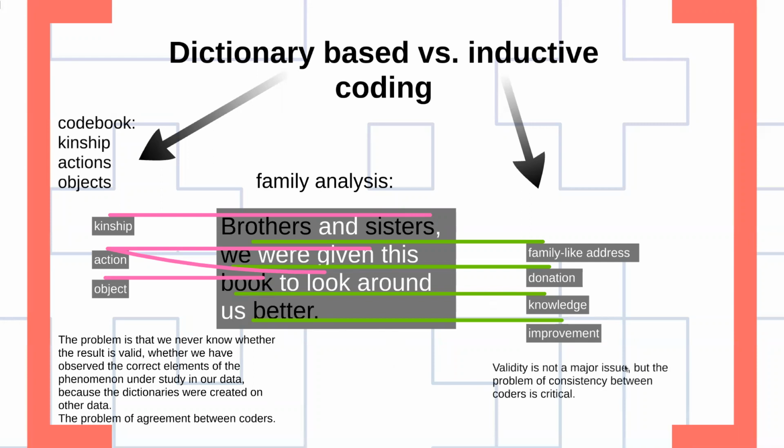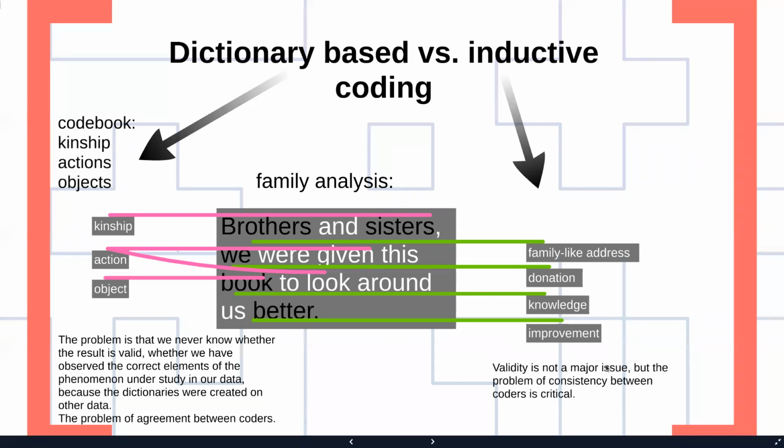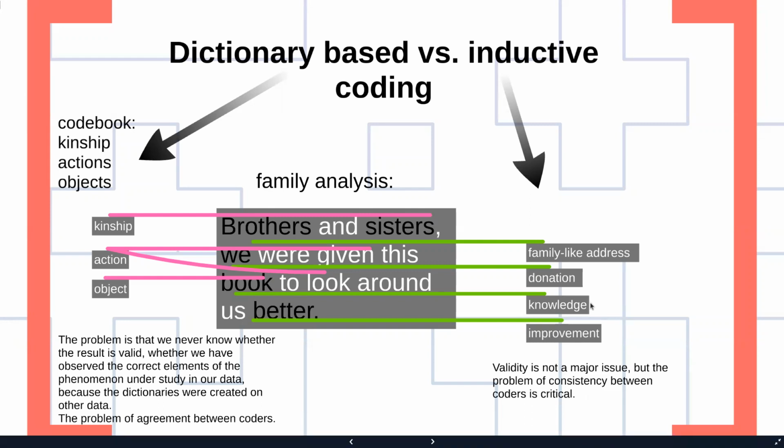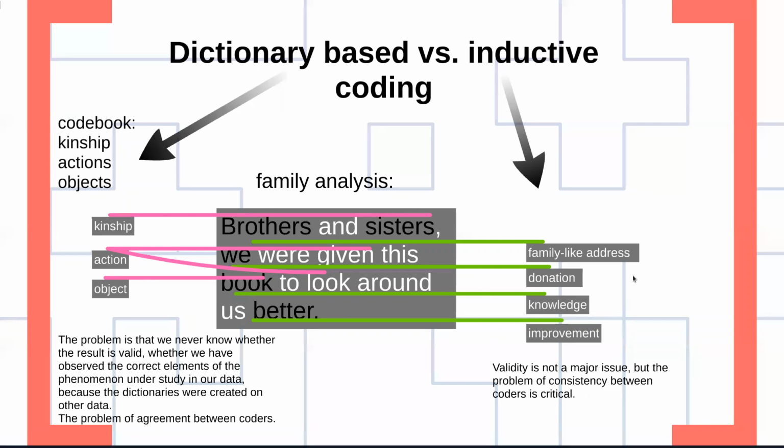And the problem here is that validity is not a major issue, because yes, it's really a donation, and knowledge, and perhaps book improvement. But the problem is consistency between coders, because if you do this kind of coding, you probably will come up with other codes, and the research is not reproducible.